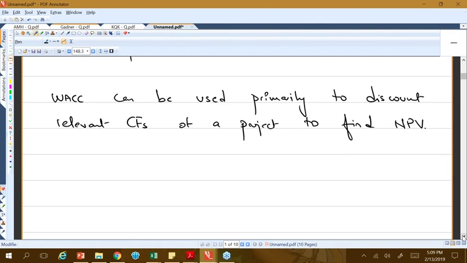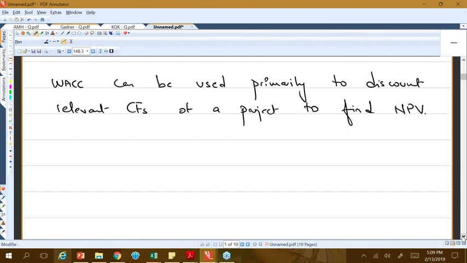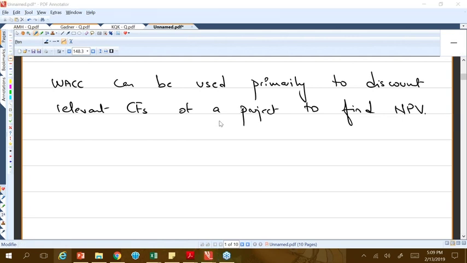So one use is that we use it to find the NPV. Where else have you seen the WACC being used in your syllabus? I'm waiting for your comments here. I'm getting a few answers now.